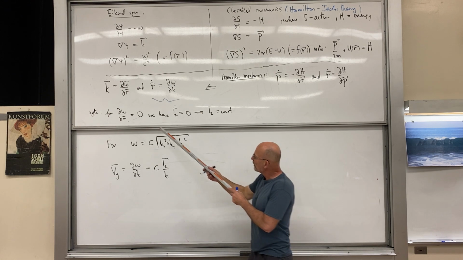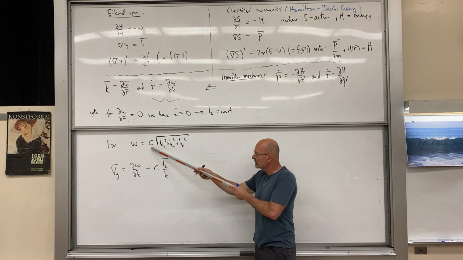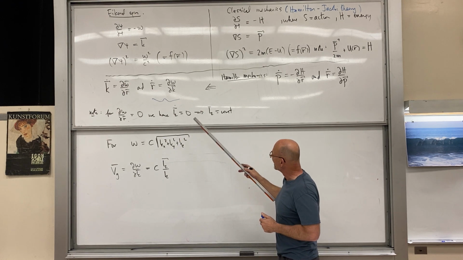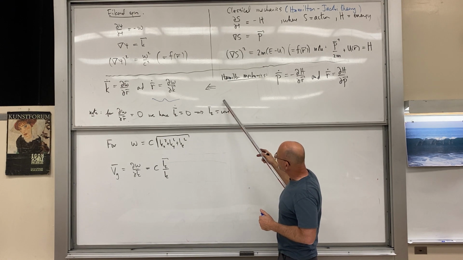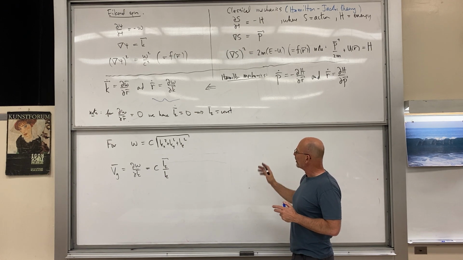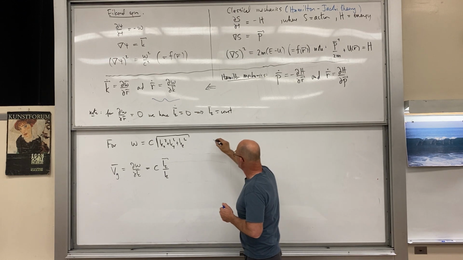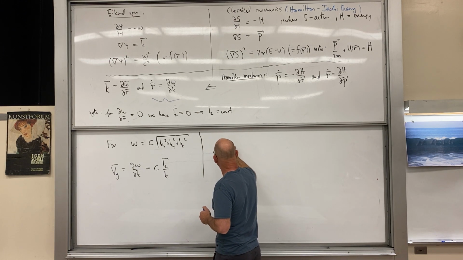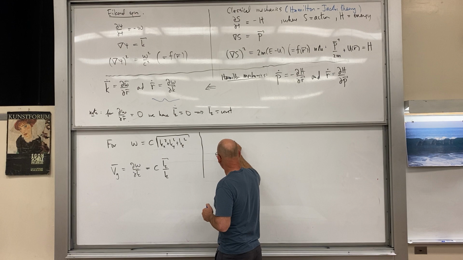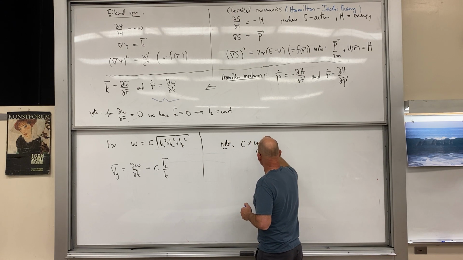If there is r dependence in there, because the speed of sound changes, then you're going to get k not being constant. Now I'll add this as a final note: c is not equal to constant.